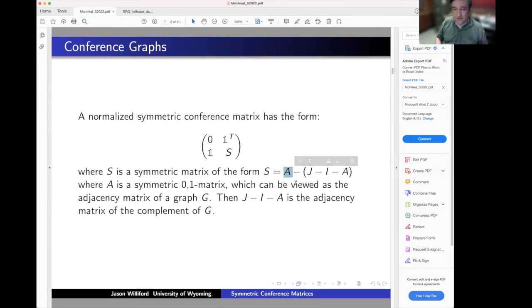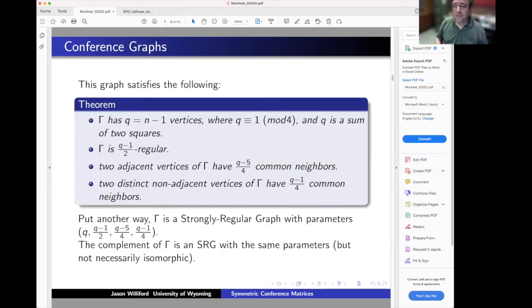Okay, so what is this graph here? What does that have to look like? I think strongly regular graphs have been talked about enough that I can actually talk about a strongly regular graph here. It has to be a particular kind of strongly regular graph, which is sometimes called the half case. The valency is exactly half, and the parameters are self-complementary, in that the complement of a strongly regular graph is always a strongly regular graph, but the parameters may be different.